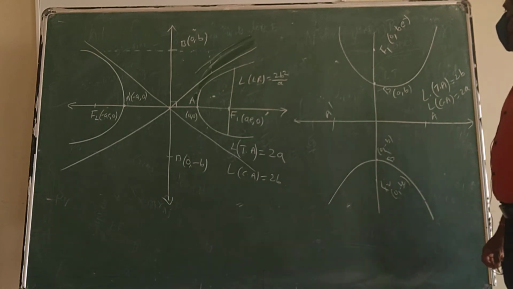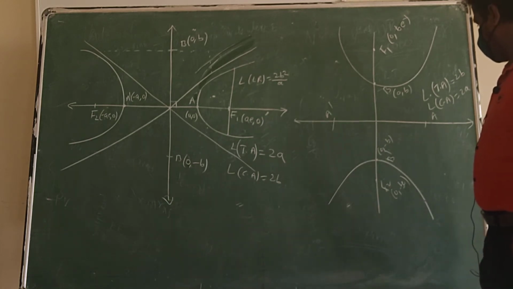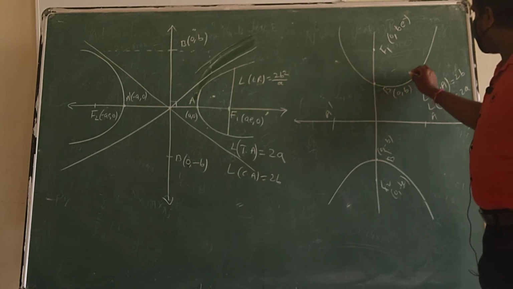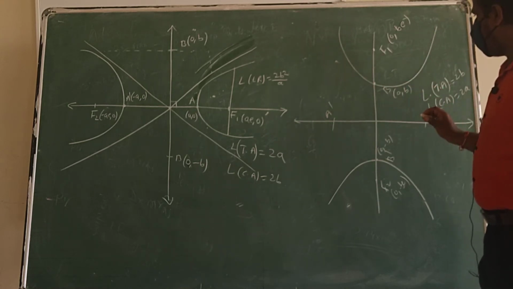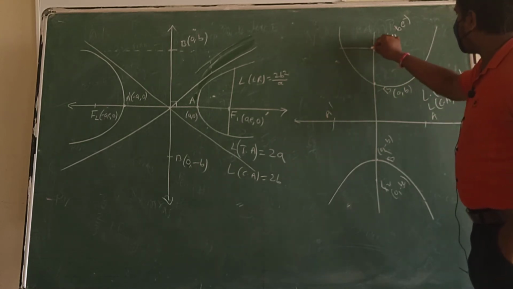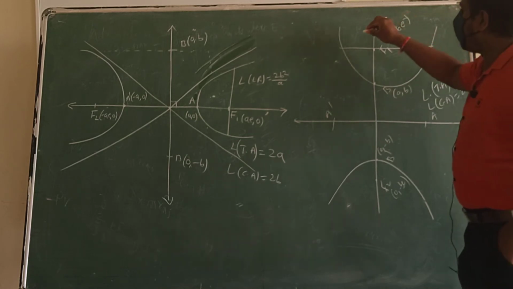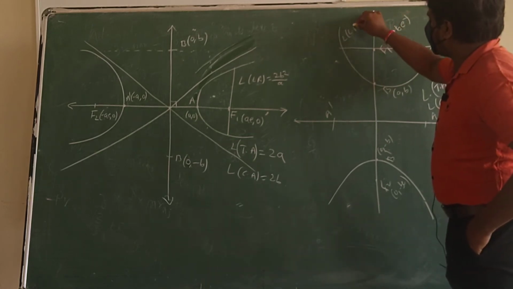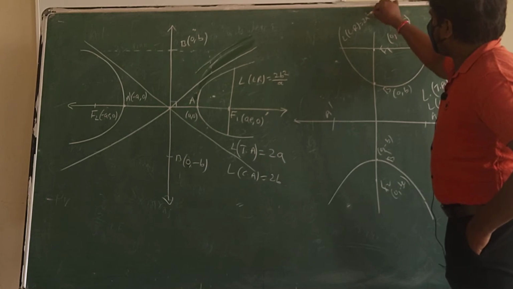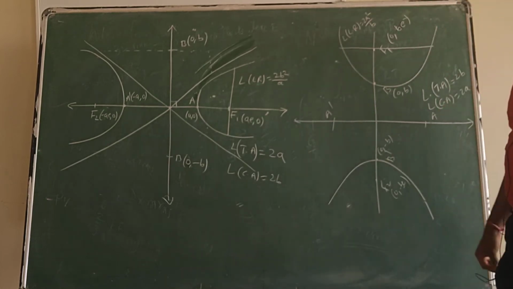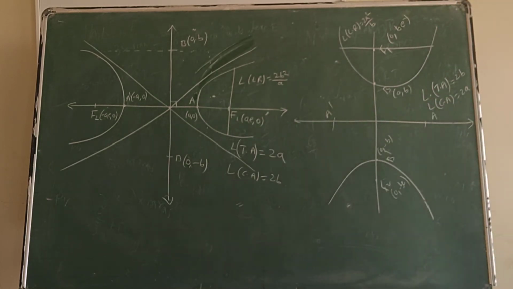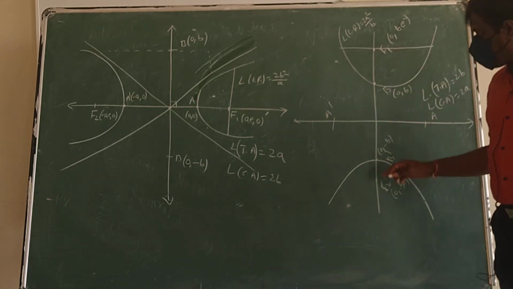Next, what we have to find is the length of the latus rectum. The length of the latus rectum is equal to 2a square by b, correct? In this case you will get 2a square by b. Substitute (b, e) in the equation.